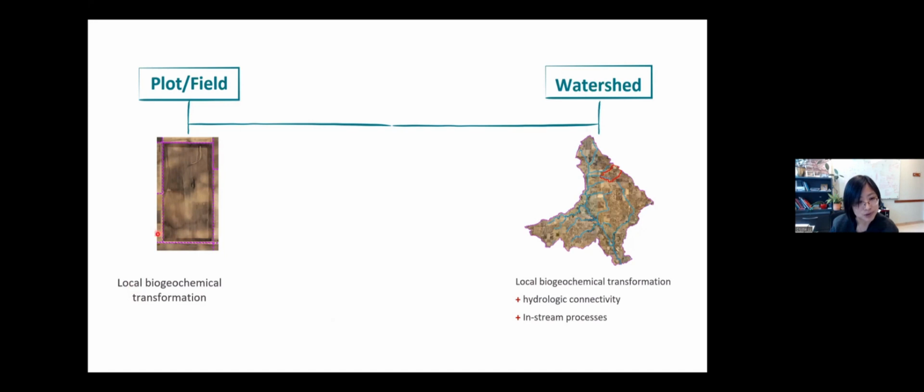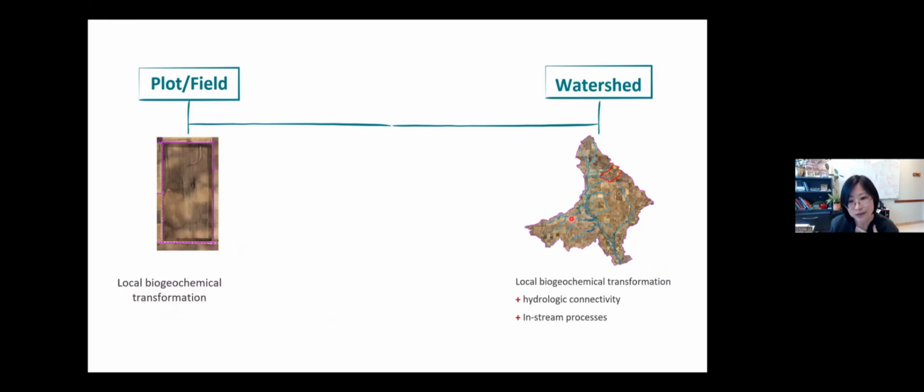To the left, the plot field level involves a lot of local biogeochemical processes. Basically, it shows how nitrogen is transformed from one type to another and how much can be leached into the water flows.